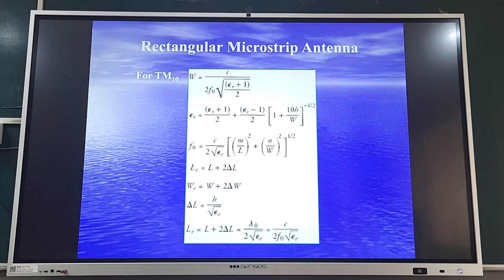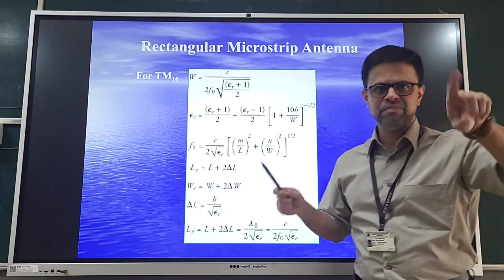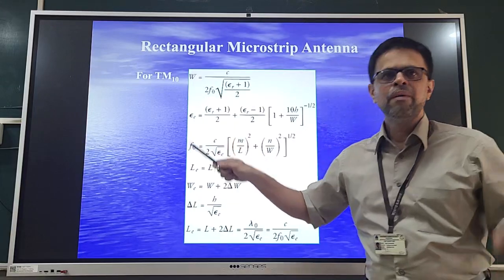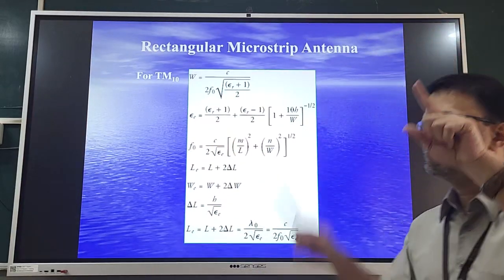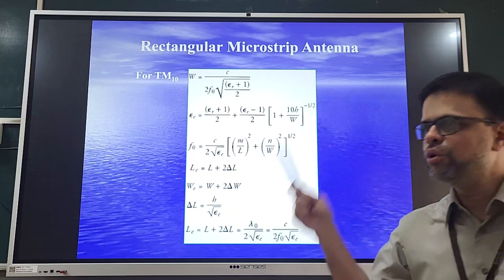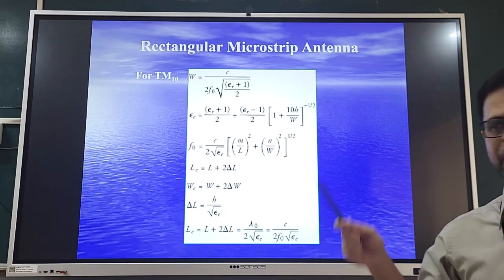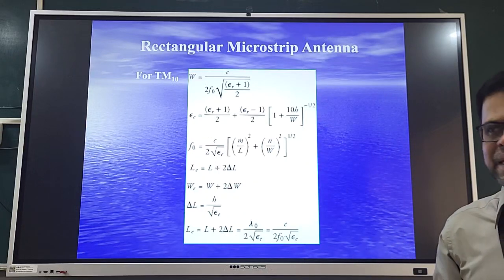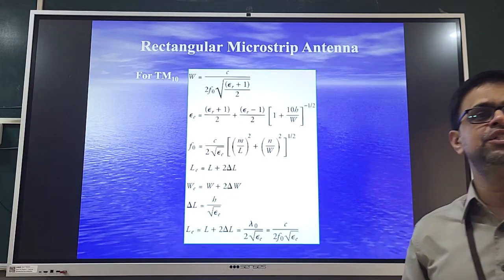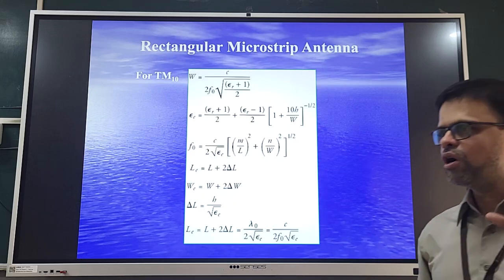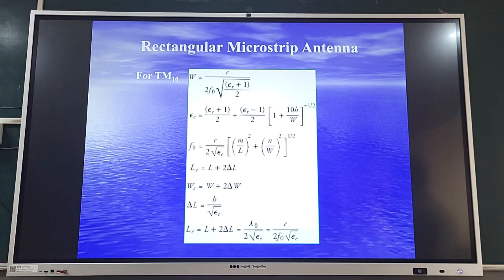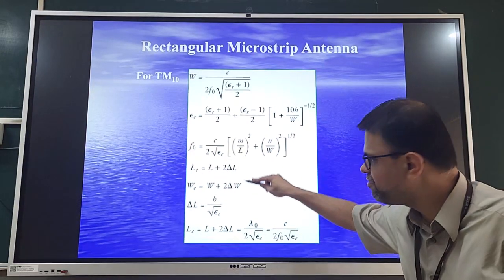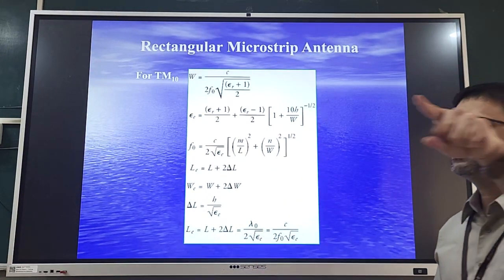You take the absolute difference of epsilon E nu minus epsilon E, that is, epsilon E nu obtained at the second step and the first assumption epsilon E. If that mod value is less than or equal to 0.02, the values of L and W obtained at the end of first iteration are your design values.